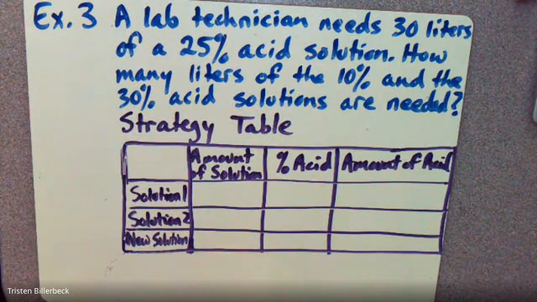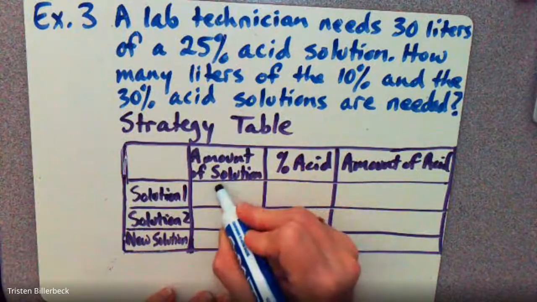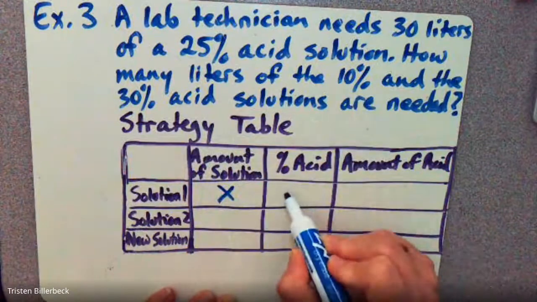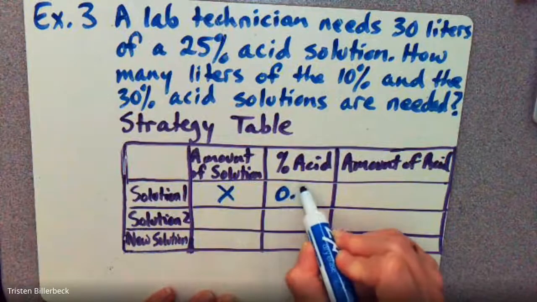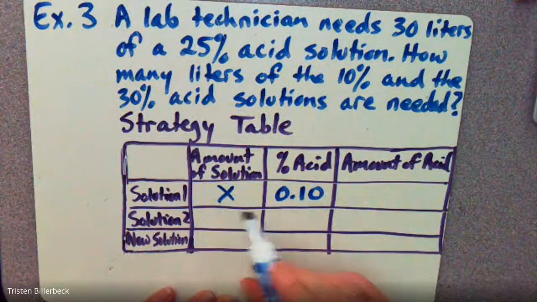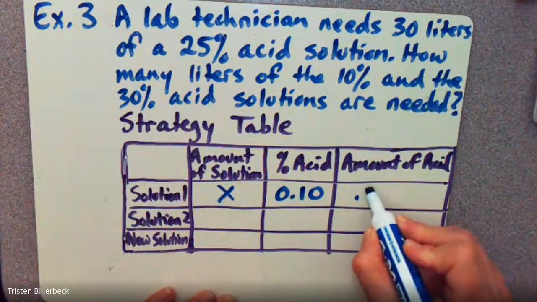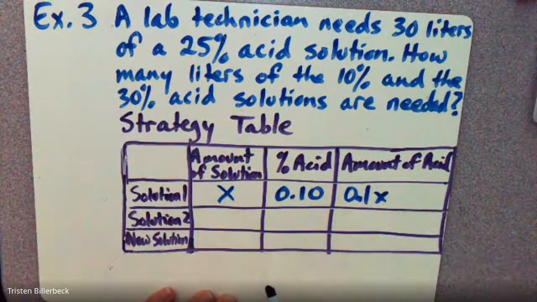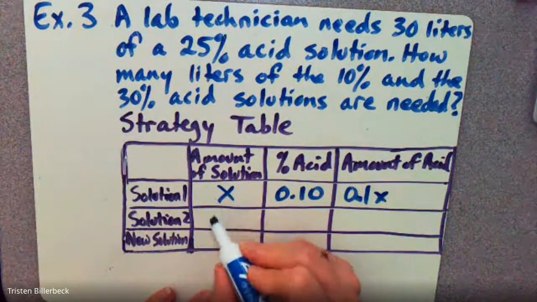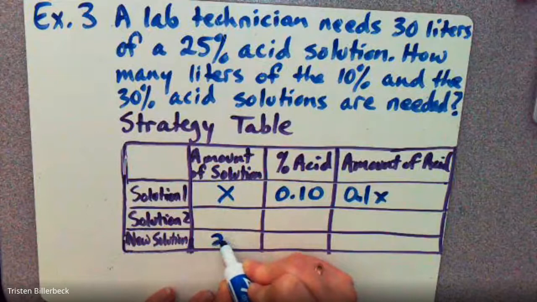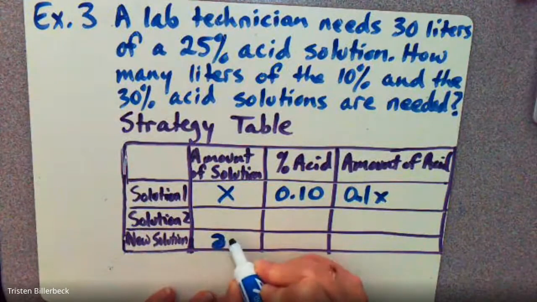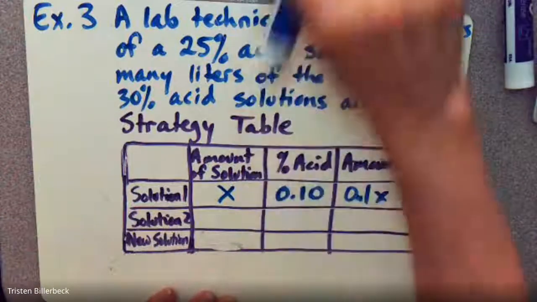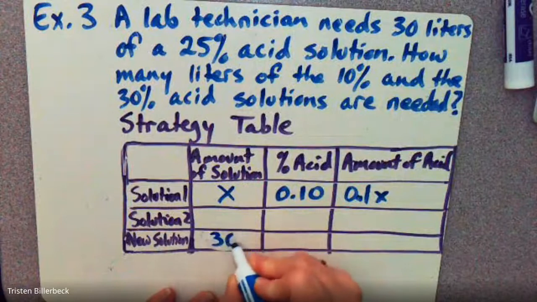Okay, so we don't know the amount that we need for solution 1, but we do know that solution 1 is 10%, and we can write 10% as a decimal. So when we multiply that together, that's 0.1x. Okay, solution 2, well, we know the total of the new solution is 30 liters.